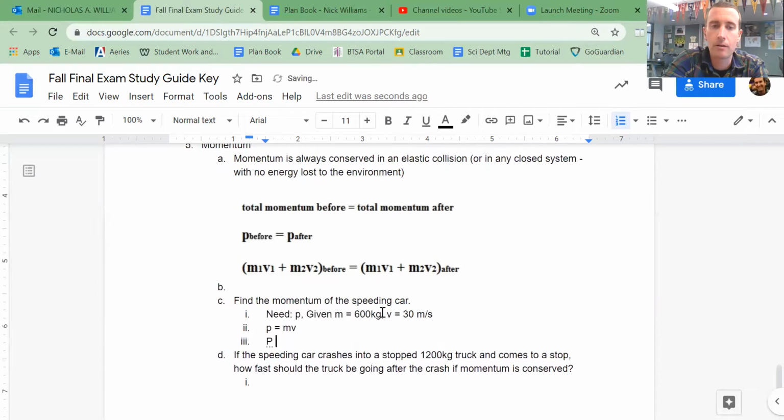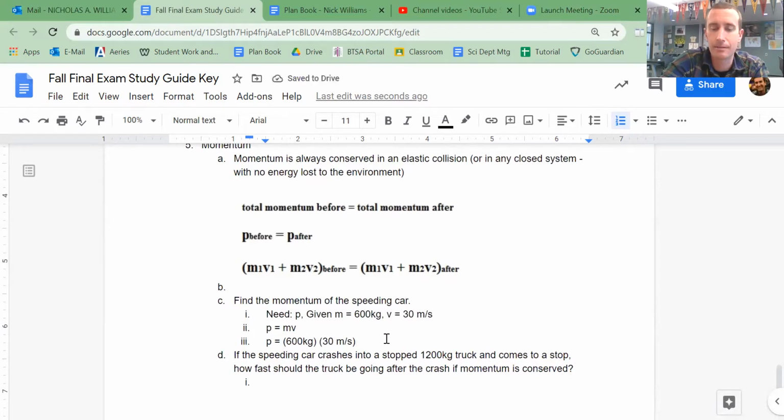So that would be momentum p equals 600 kilograms times my velocity, 30 meters per second. It goes uppercase because of autocorrect, so I'll go back and change it to lowercase p for momentum.